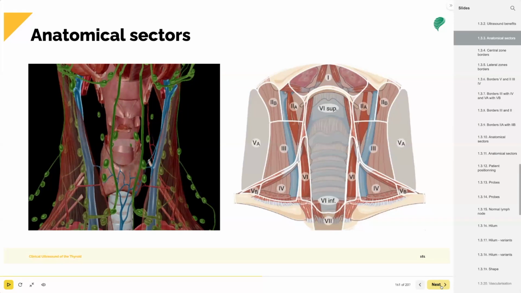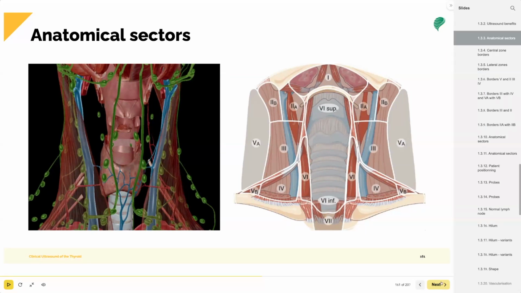First, the lateral zones, which are limited medially by the carotid arteries, superiorly by the submandibular glands, and inferiorly by the clavicle. These are the different regions here.